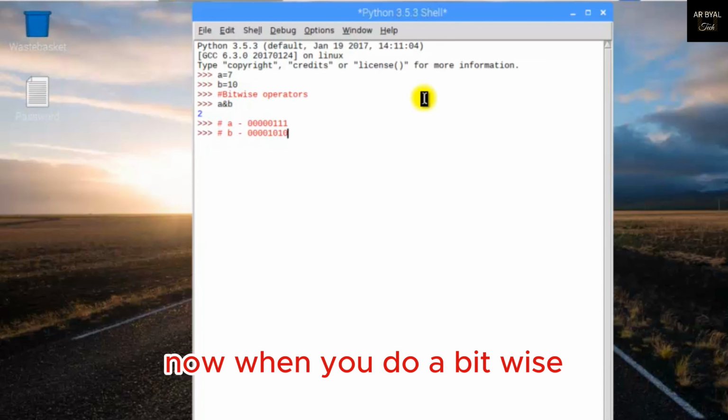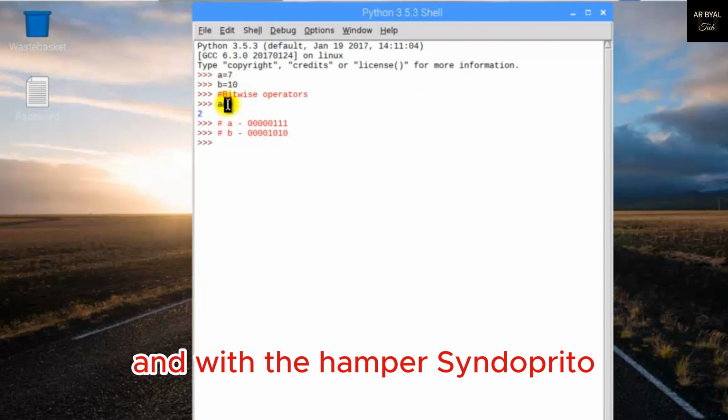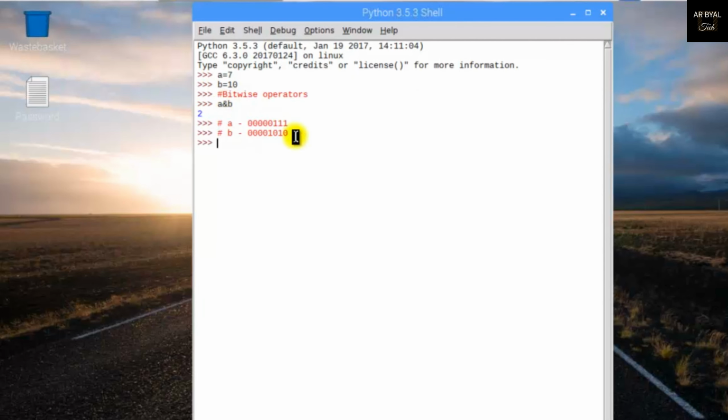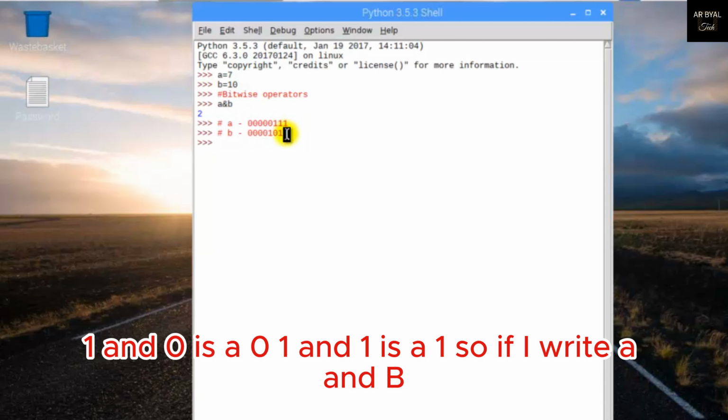Now, when you do a bitwise AND with the ampersand operator, it ANDs each of these bits bitwise. 1 and 0 is a 0. 1 and 1 is a 1.